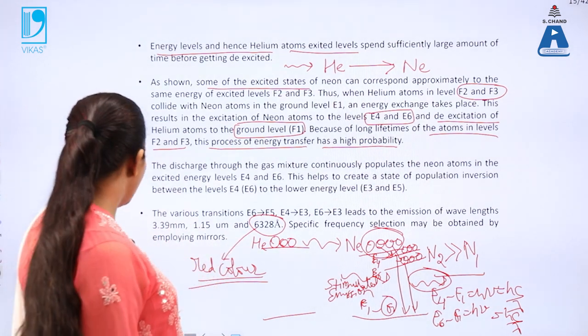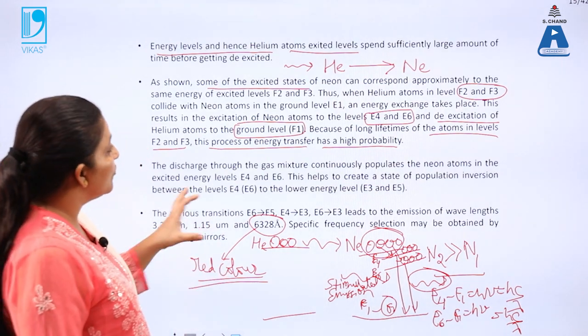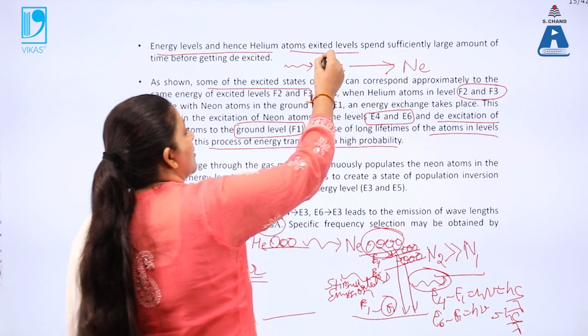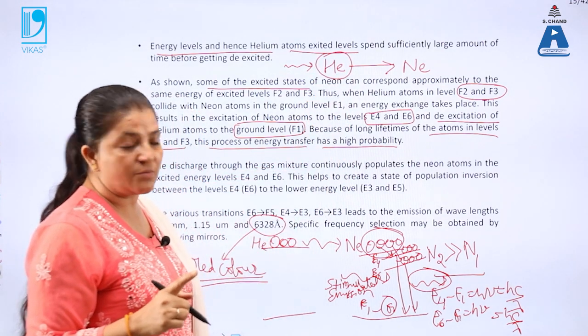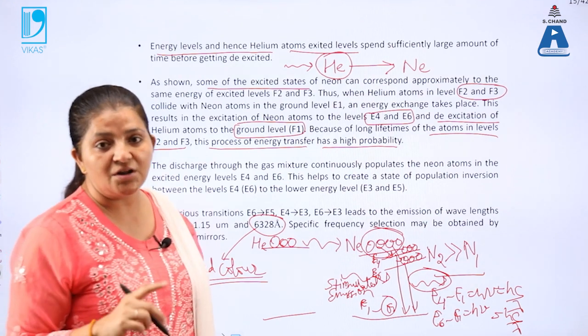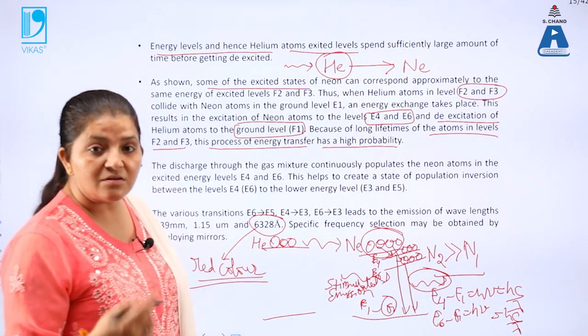So this is all about the working of the helium neon laser. When we take only helium gas, no metastable states are present, so no laser light will be released.